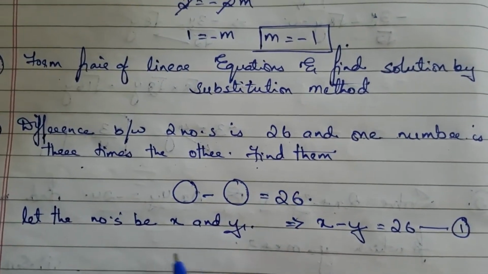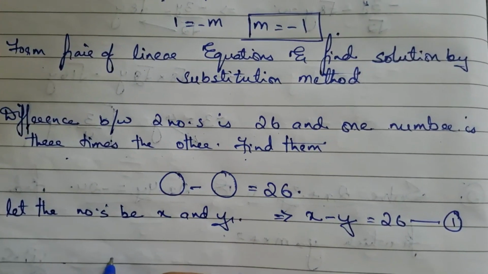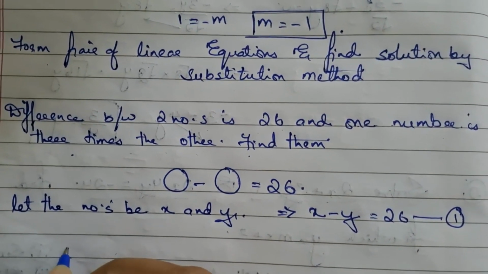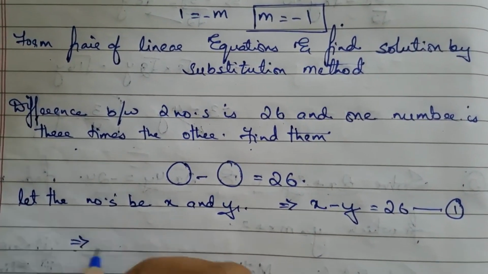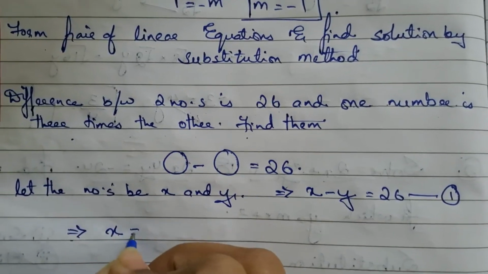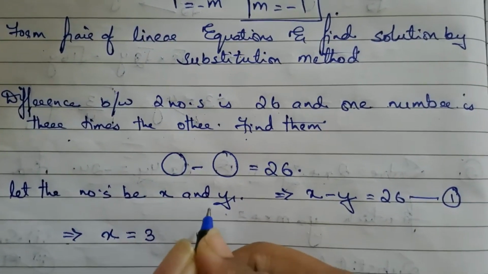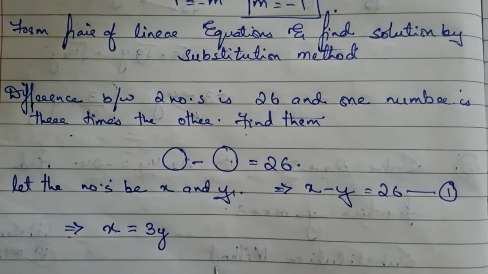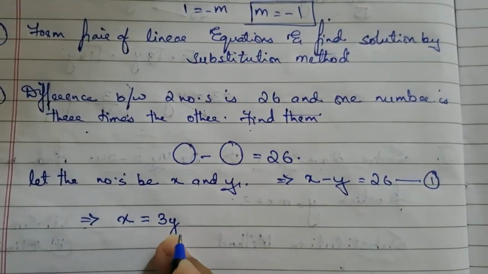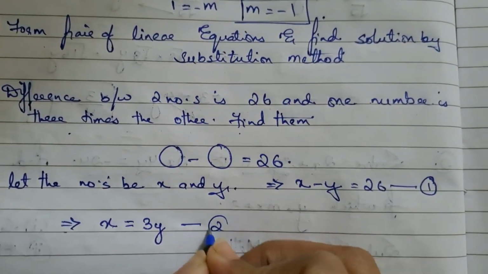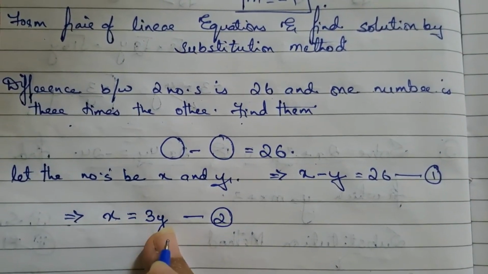So one number, any number I can take, which is x, is 3 times the other number. What is the other number? y. So 3 times y I am going to write. So this is my second equation. Automatically x is given to me as 3y.